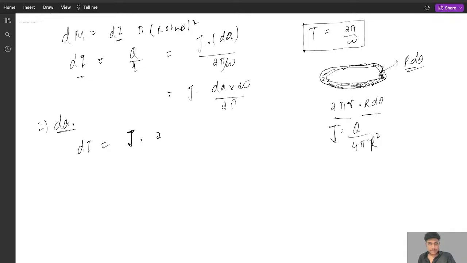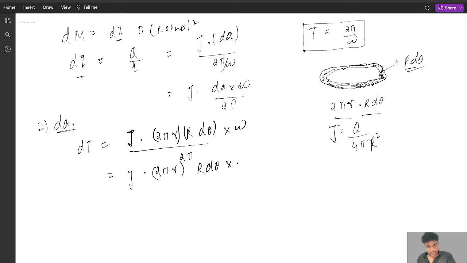That is equal to 2 pi r, r d theta, right? 2 pi r d theta, and the time period is 2 pi by omega, that is omega is in the direction. So from here we get j into 2 pi r d theta into omega upon 2 pi, right? So we get di from here.